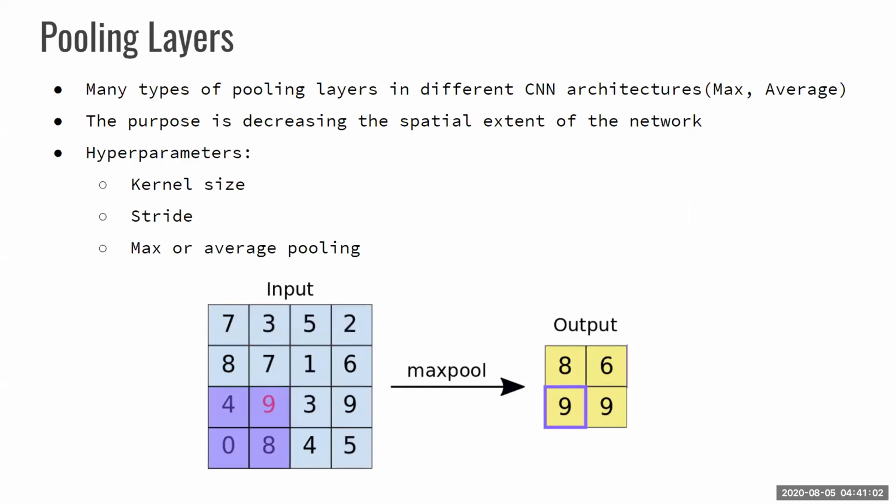The purpose of the pooling layer is to decrease the spatial extent, which means that we will have fewer parameters, and this will make training quicker. It also makes it less likely to overfit because we have fewer parameters. For the pooling layer, we also have a kernel or filter, and it is a hyperparameter, so we should choose the values for these hyperparameters.